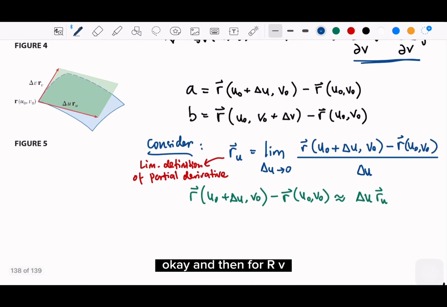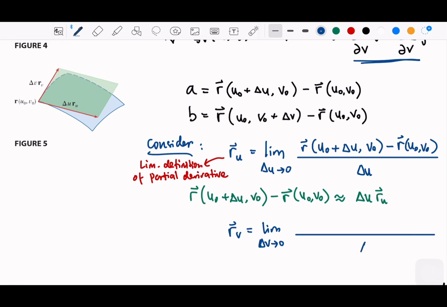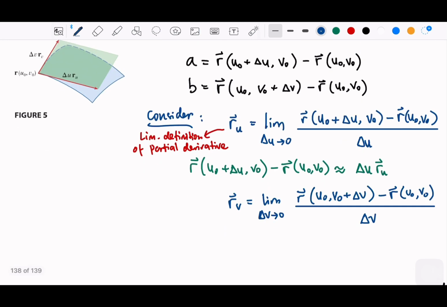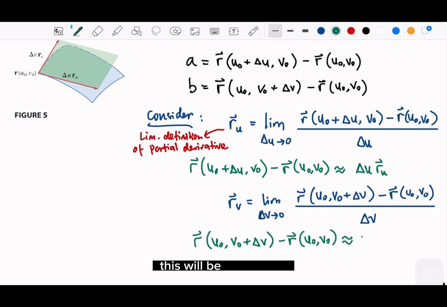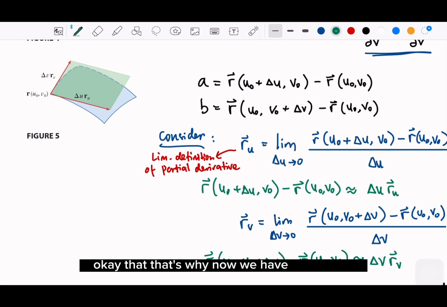And then for r_v we can do the same way, and we get that for r_v this will be delta v r_v.